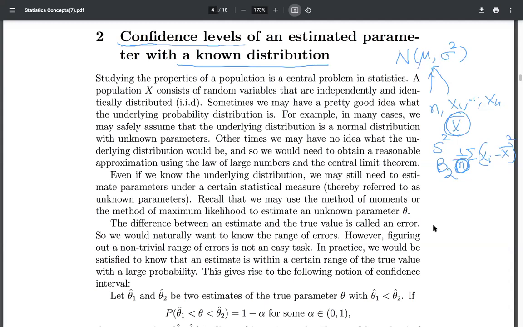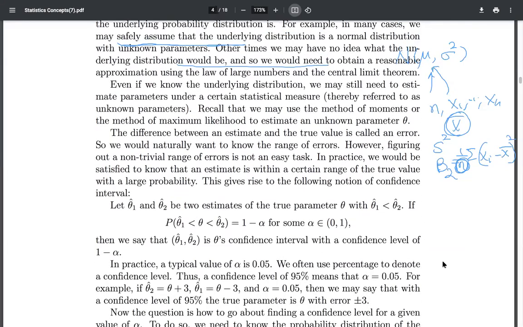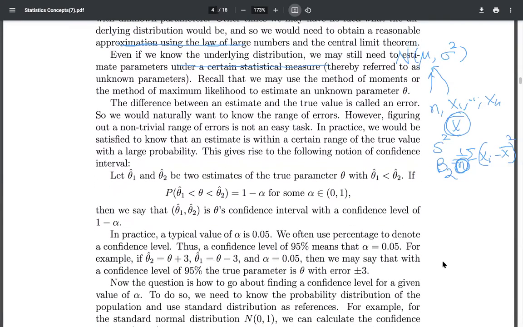Now let's move on. I already explained why we want to do this. Start from here. We have an estimate. We don't know what the true value is, but I do have an estimate.